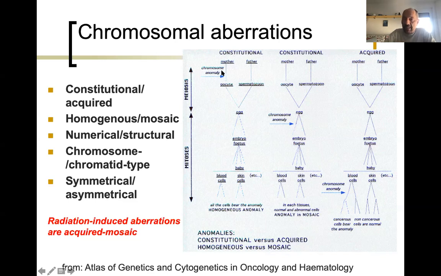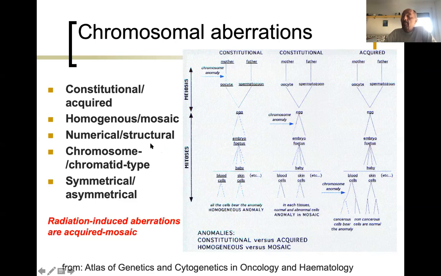So this means that the anomaly must occur at this early level of development. While they are mosaic if they occur later, when the embryo is starting to become a fetus, and at that point you have an anomaly, so not all the cells will have the same. Of course, mosaic is also if it is acquired.